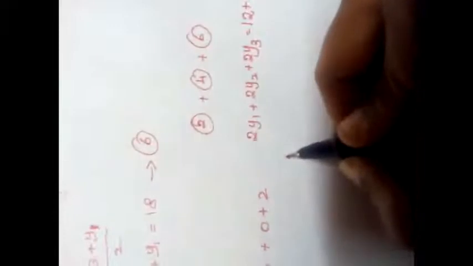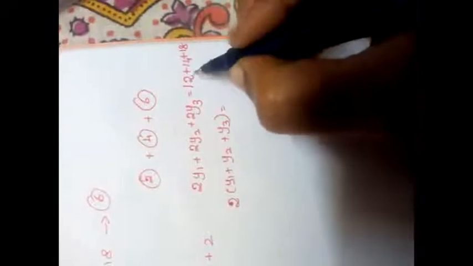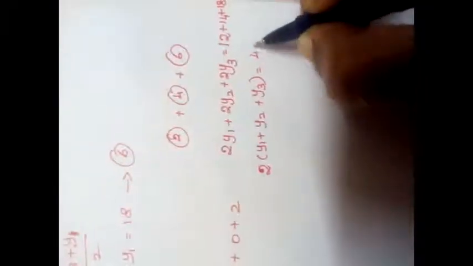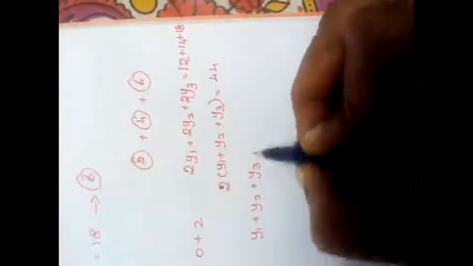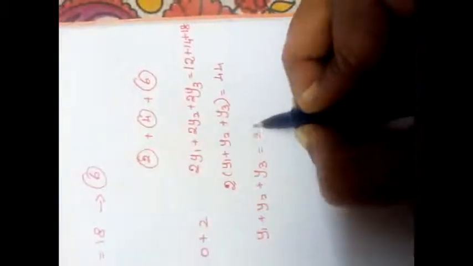If we take 2 as common, 2 into y1 plus y2 plus y3 is equal to, if we add all this, the answer is 44, and y1 plus y2 plus y3 is equal to 44 by 2, 22.